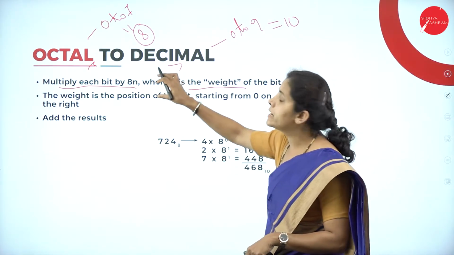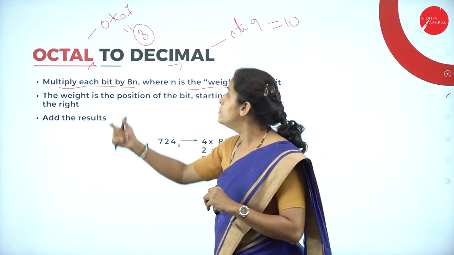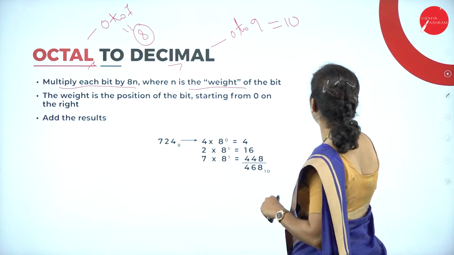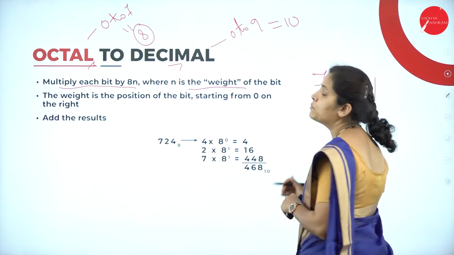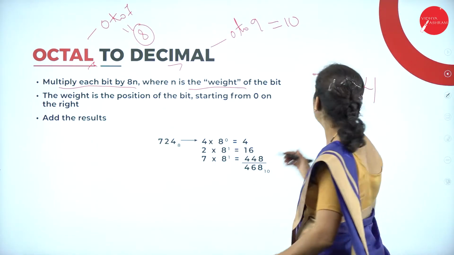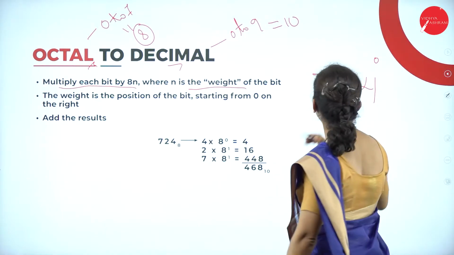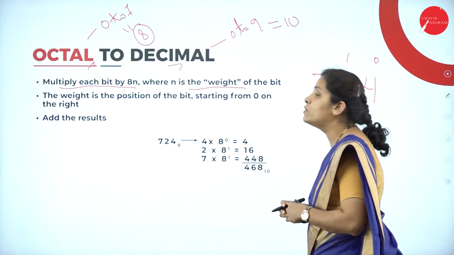That means where n is the weight, your weight is nothing but the position of each bit. So consider the example. What is the value? We have 724. Now I'm going to write the weight. This is the position. What is the position of 4? It is 0. Then what is the position of 2? It is 1. Then what is the position of 7?